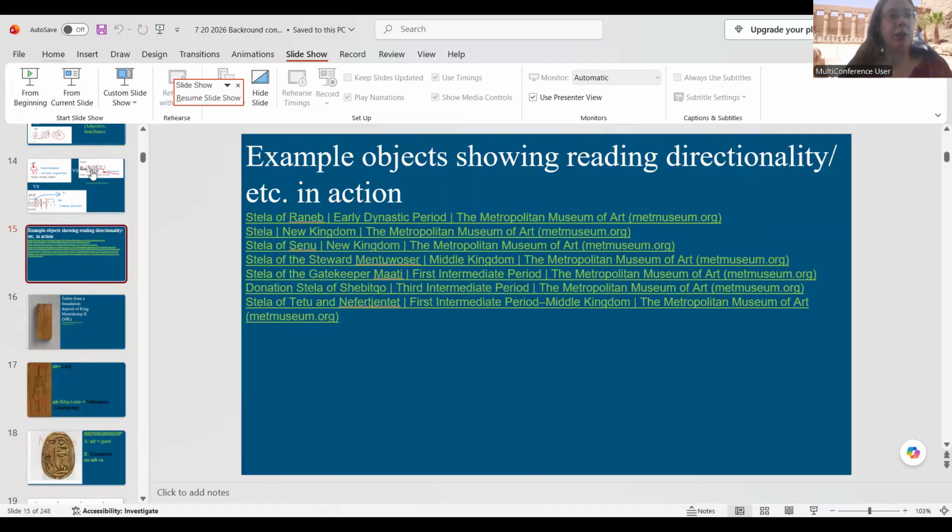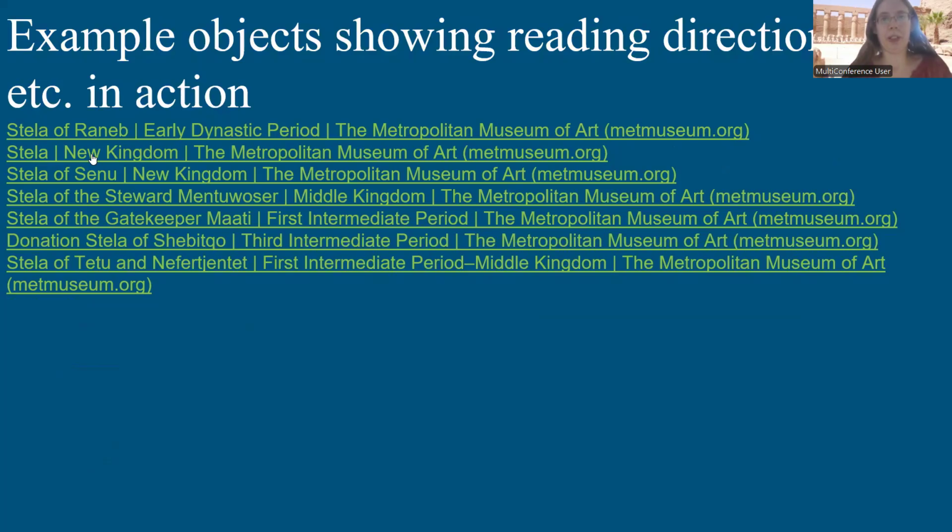Okay. Then we have this stele from the New Kingdom. And if you look at the object, this is also from the Metropolitan Museum of Art. This is the actual text, so the hieroglyph part.